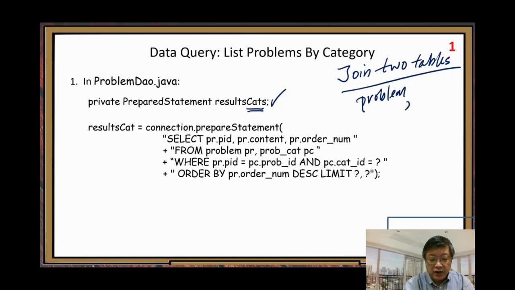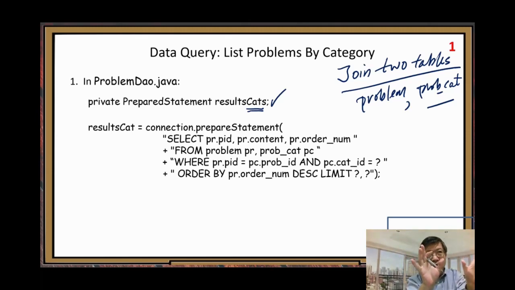The second one, category table, right? But here we do not use the category table directly when we do the table join. We use that relationship table, the prob_cat relationship table. So these two tables we join.